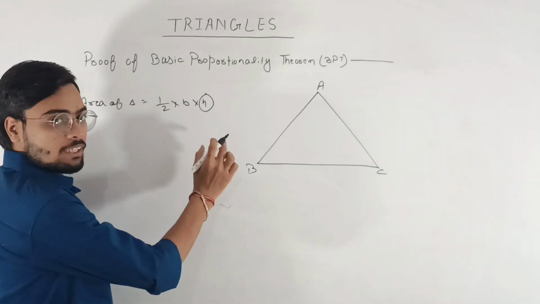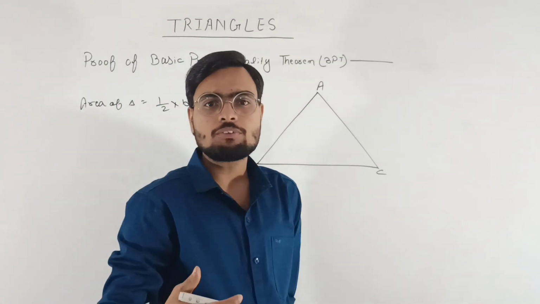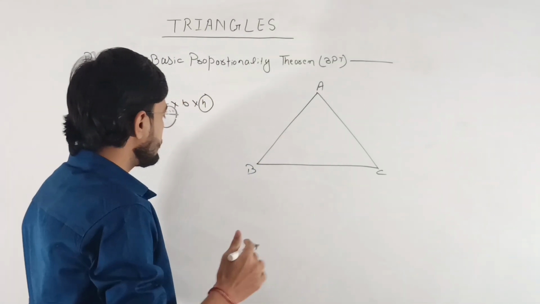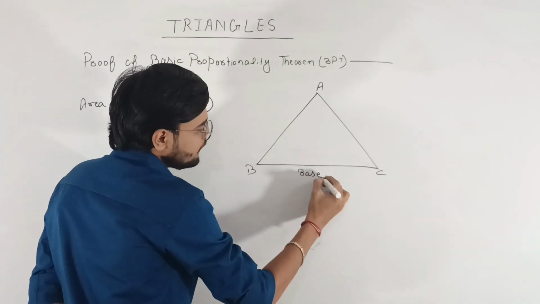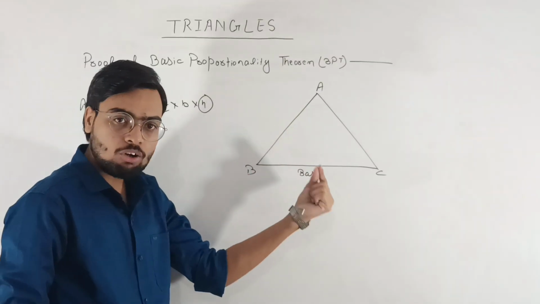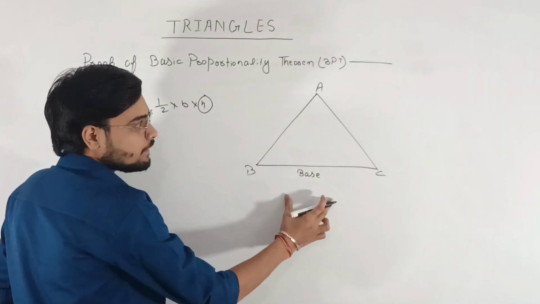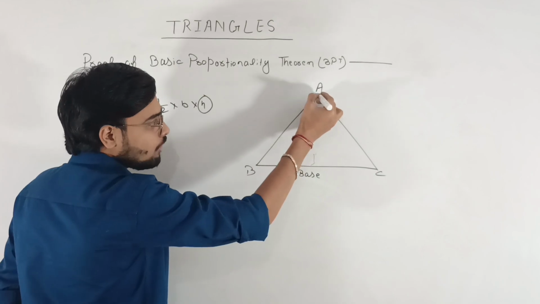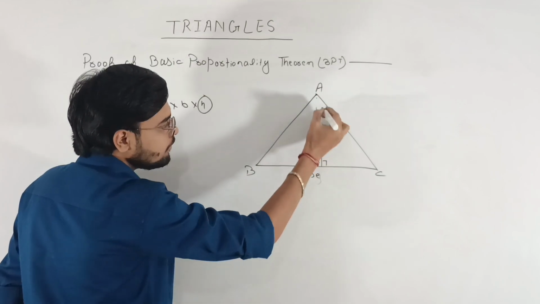Now look, what is height? Height is a perpendicular drawn from the opposite vertex of the base. Suppose I take side BC as base, then my height is a perpendicular drawn from the opposite vertex of the base. The opposite vertex of base BC is vertex A. So I draw a perpendicular from A to the base.